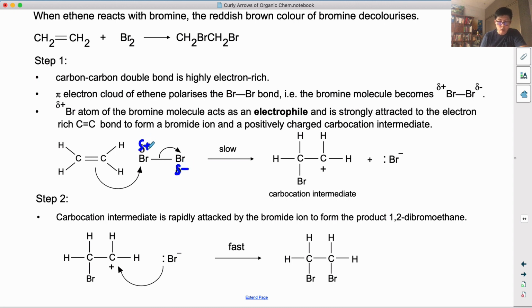So the Br delta plus is going to try to accept the electrons from the pi bond. This Br delta plus is what I call the electrophile. So this is how you draw it. This pi bond will go to this Br, and this bond here will go to the Br, becoming a lone pair.